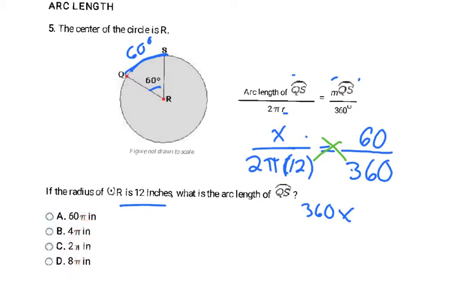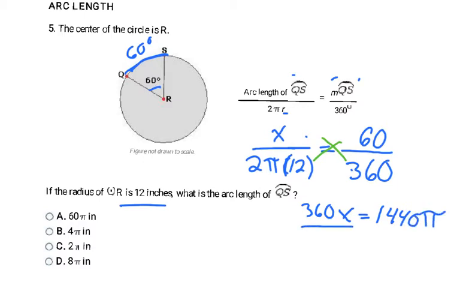So I'm going to leave the pi in my calculations. I'm not going to convert it to 3.14 because it stays in my answer. So I'm going to take 2 times 12 is 24. And then 24 times the 60 is 1,440. And then I still have that pi.